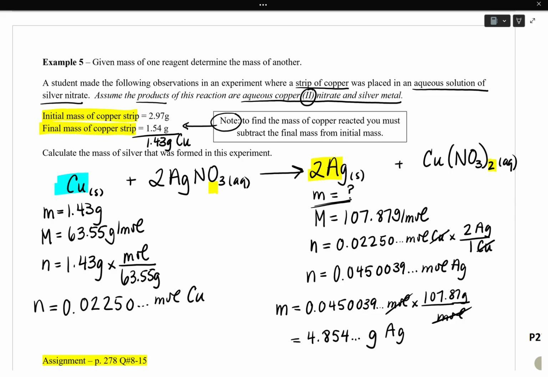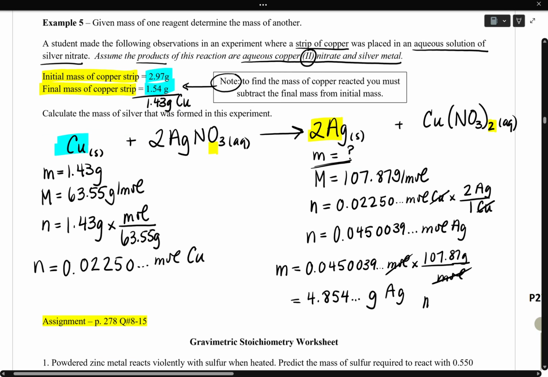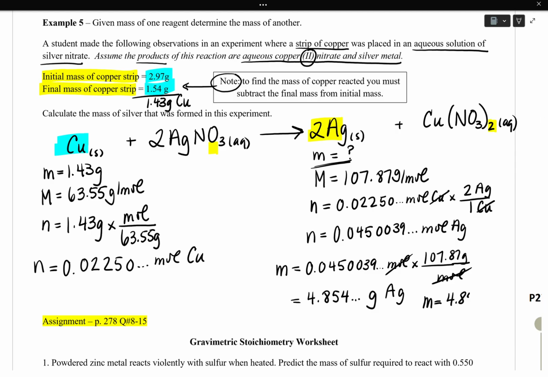All of our digits are up here, and in the masses that we were given, we have 3. So our final answer is going to be rounded to 3 digits. So the mass of the silver produced will be 4.85 grams of silver. And that will be our final answer.